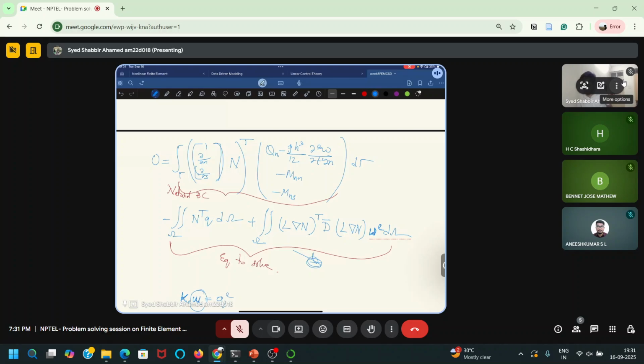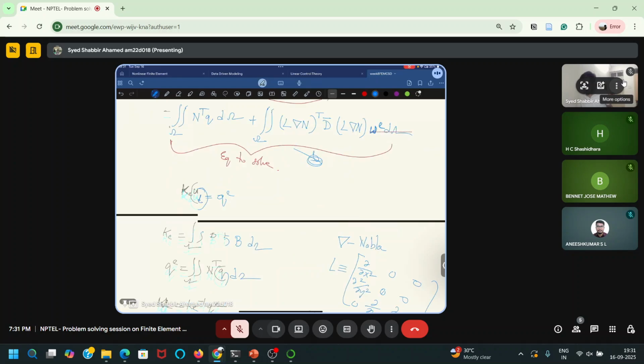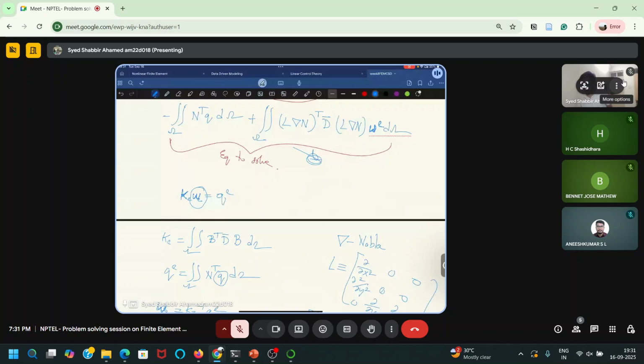From the weak form, we can get our formulation for the finite element. We'll get the natural boundary conditions and also the weak form. From that we can do the integrations to get our stiffness matrix and also our nodal force vector, and then by solving it we can get our nodal displacement. So the methodology is clear. Do you have any doubt in this?